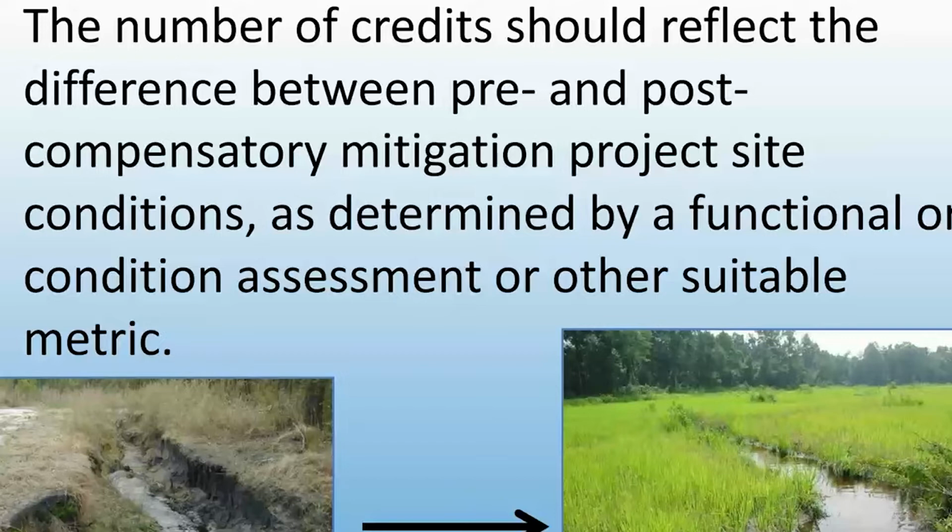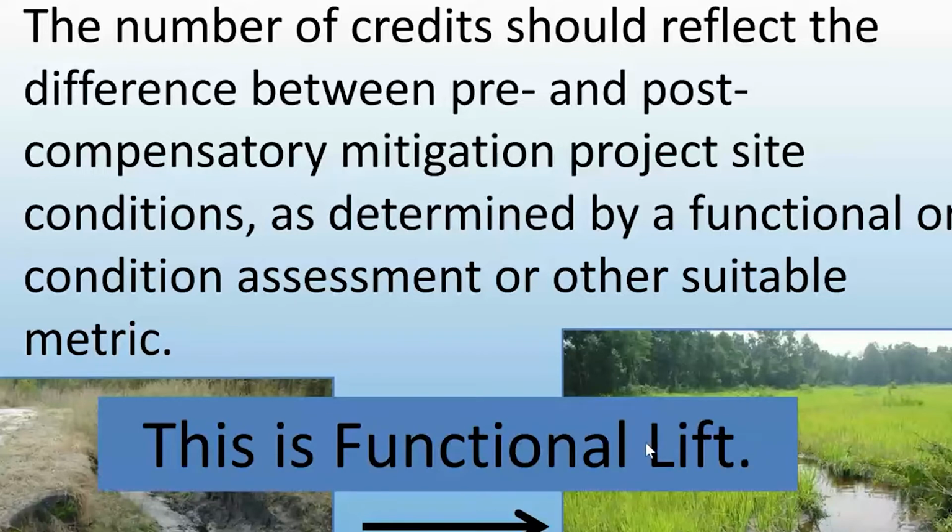So that's really what we're trying to do with the SQT, is to show that difference in what these baseline functions would be before restoration, what the functions are after restoration, and to calculate the delta or the difference. We will call this functional lift.